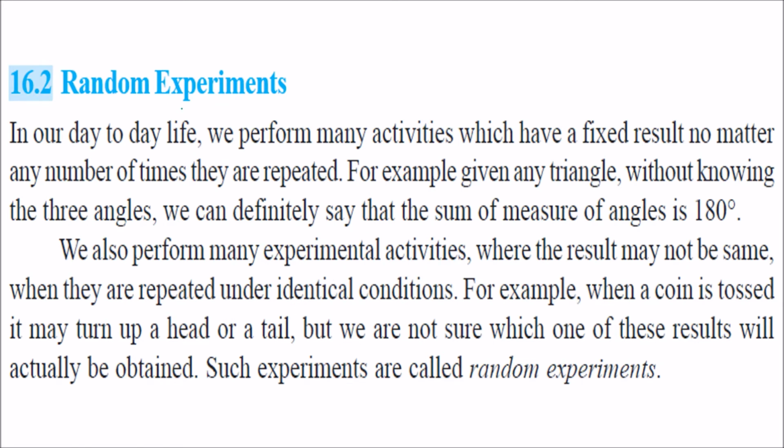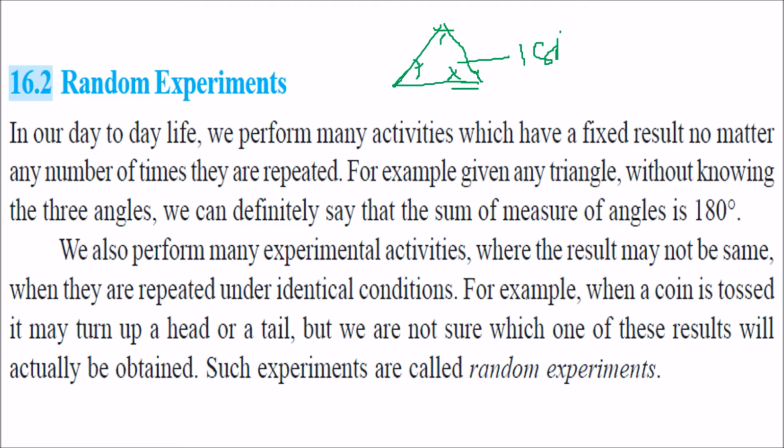What are random experiments? If you have a triangle, you say that one thing is true, that the sum of the angles of a triangle is 180 degrees. This is true, okay? But what angle this is, you are not aware. It can be anything.